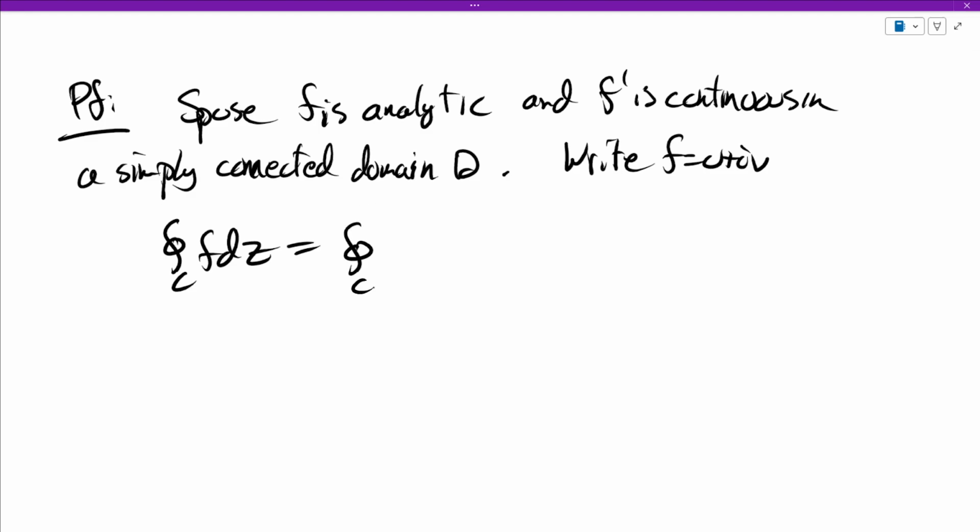So this is going to be the contour integral over C of u plus iv, and then dz is dx plus i dy.